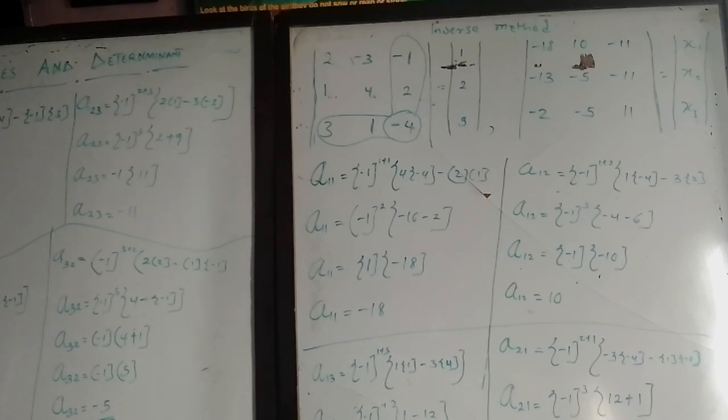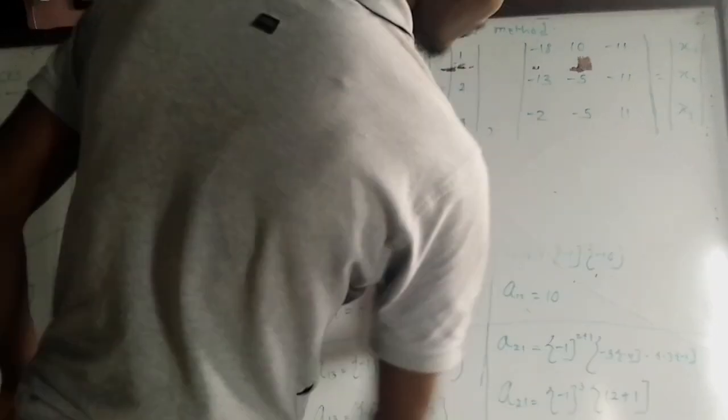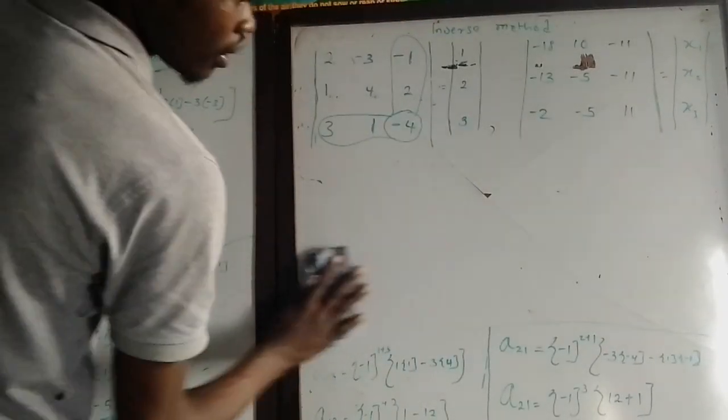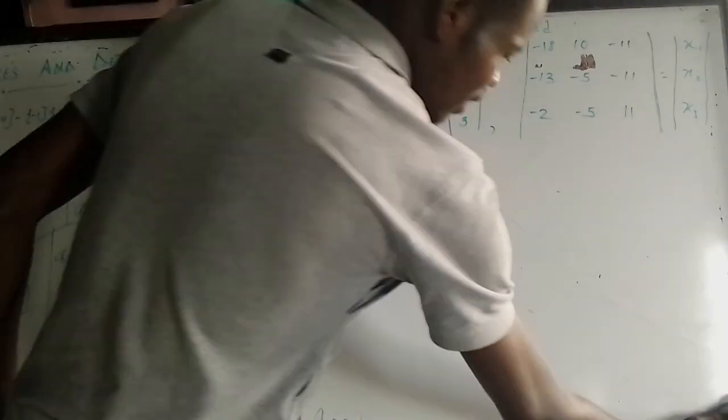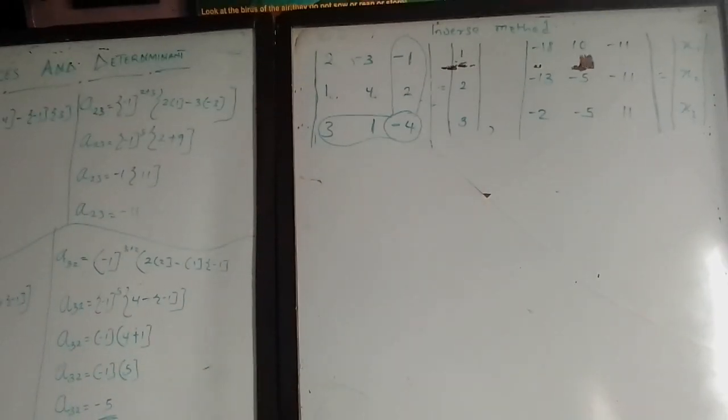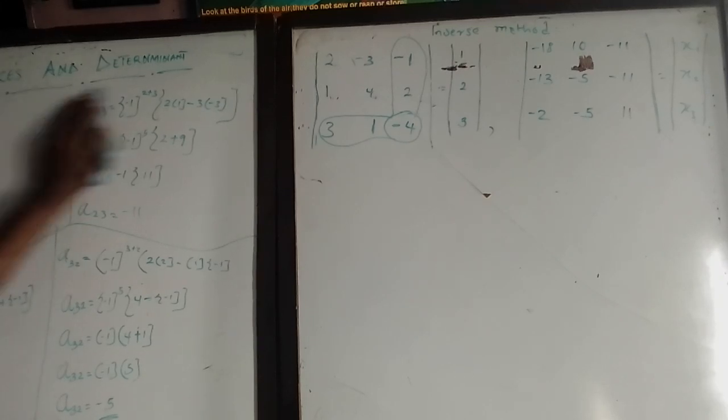So now we've done with what? Solving how to get all our A, everything, our inverse method of A11, A12, A13, A31, A32, A33. So let's move forward.